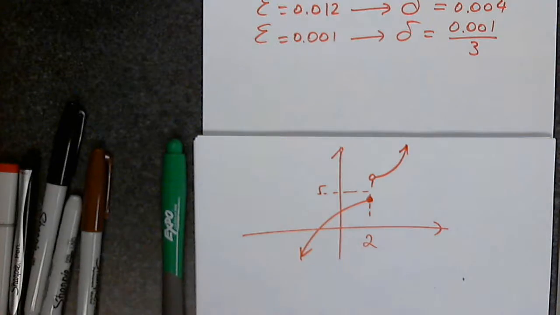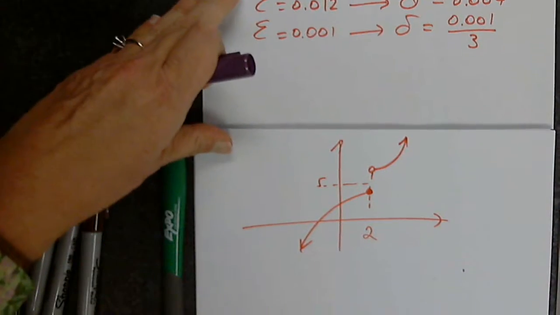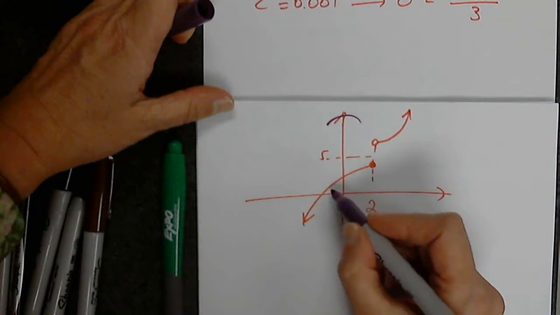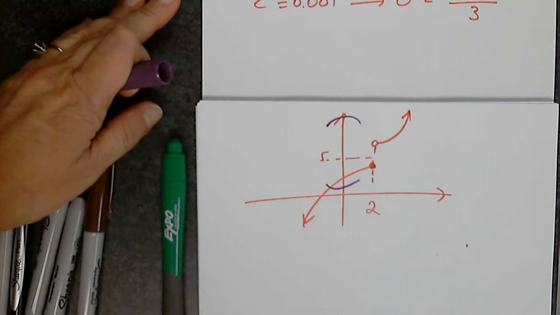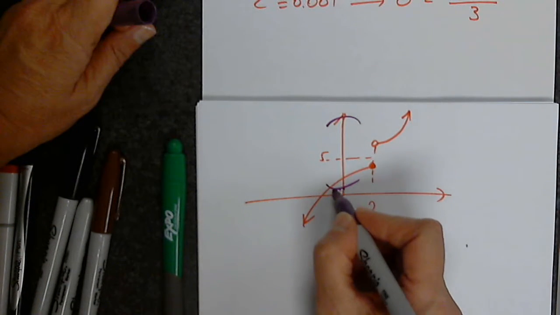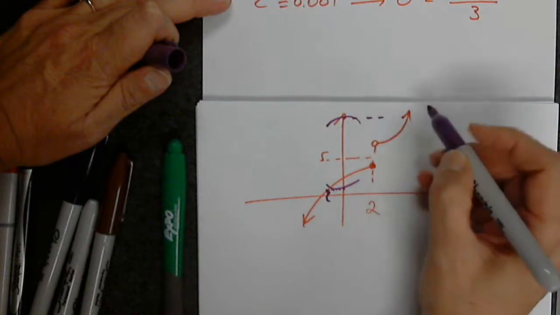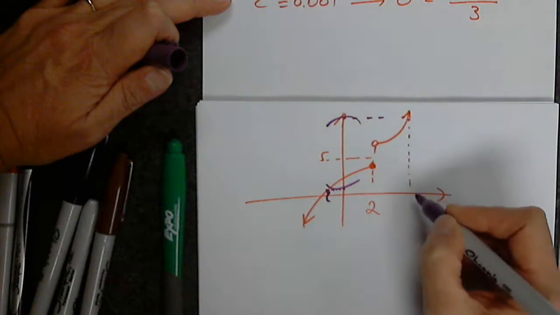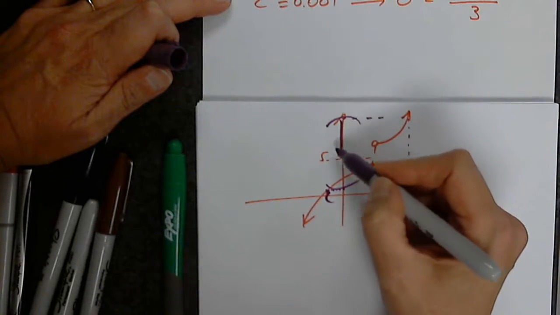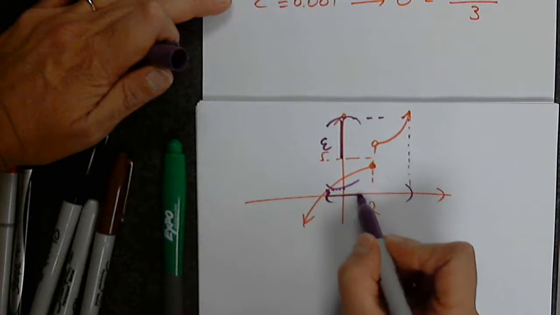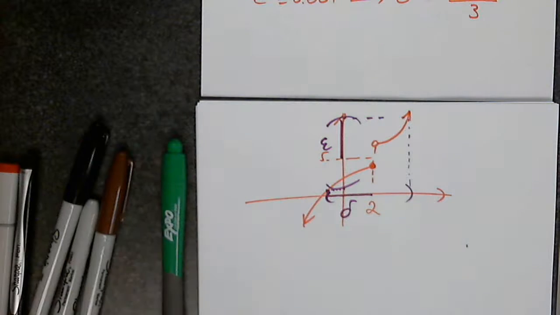And you could say, yeah, but if you take this epsilon, you will be able to find that interval. So if this is your epsilon, then this is your delta. How can you say that the limit doesn't exist?